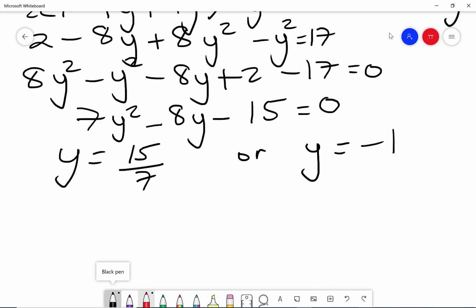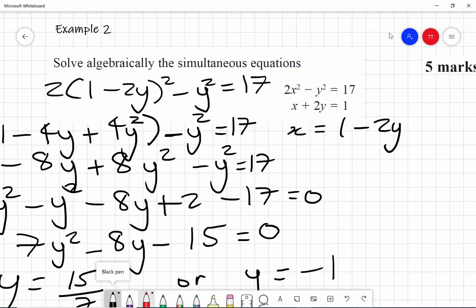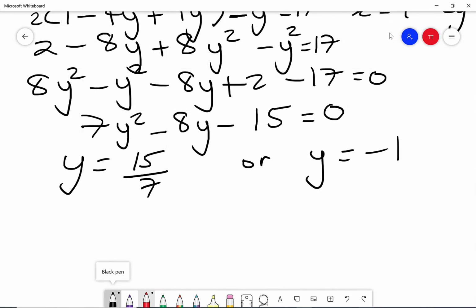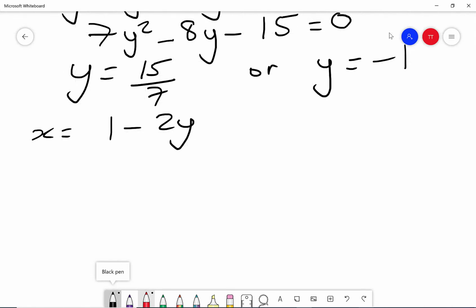Now that we've got that, we can find x, because we know that x is 1 minus 2y. In our case, we're going to substitute what y is. So x is 1 minus 2 times 15 over 7.